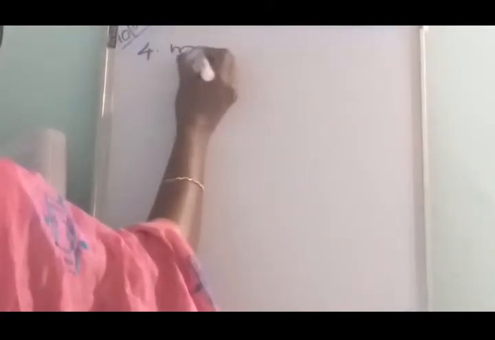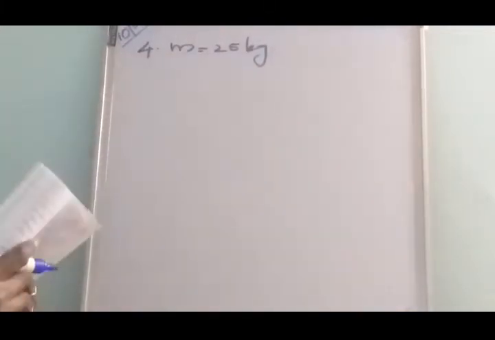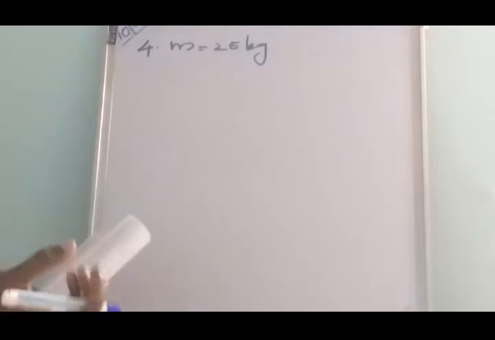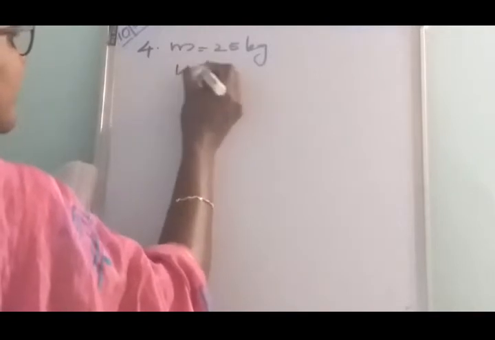Here a body of mass 25 kg. So the mass of the body is given as m is equal to 25 kg. Initially moving with a velocity, so its initial velocity is given. Which letter is used to denote the initial velocity? u is given as the initial velocity.